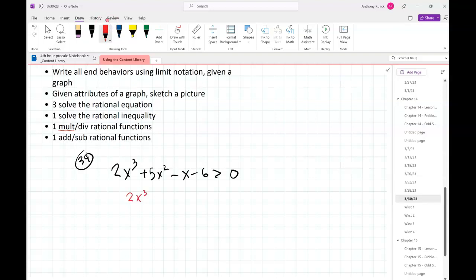So the first thing that we would do is set this equal to 0.